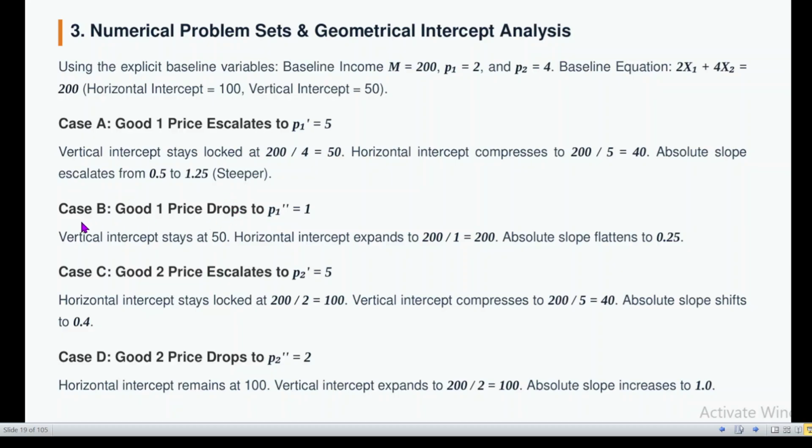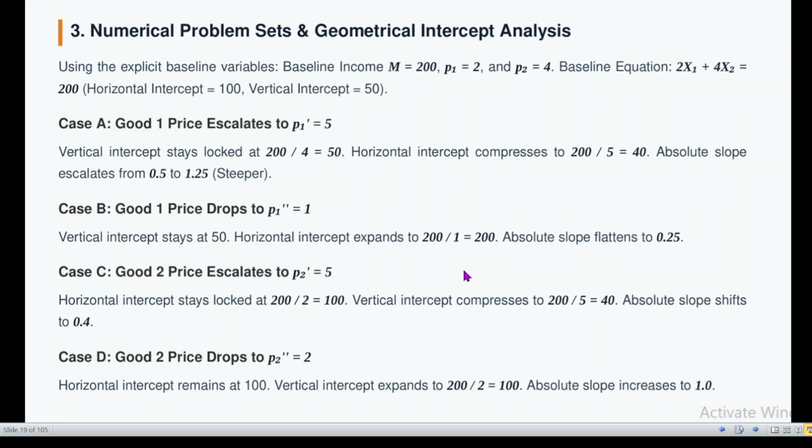In case B, the price of good 1 drops to P1 prime, which is equal to 1. The vertical intercept stays at 50, it's already locked, but the horizontal intercept expands to 200 divided by 1, which is equal to 200. The absolute slope flattens to 0.25.